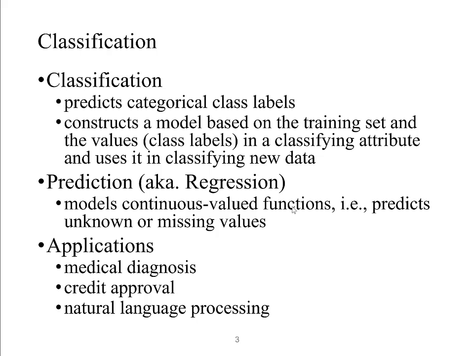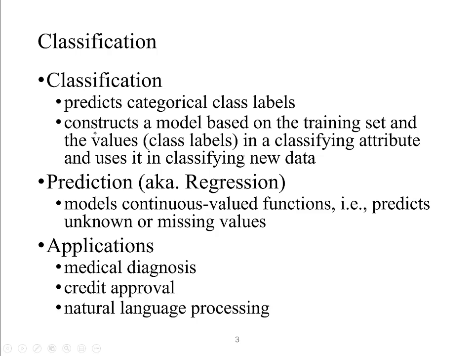So in order to achieve this goal, we need to construct a model based on the training set or the training data, and the values, which are the class labels, which are also part of the training data, in a classifying attribute. So the class labels will be treated as a part of a classifying attribute and used in classifying new data.